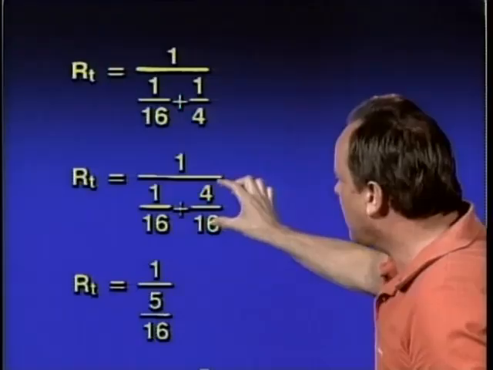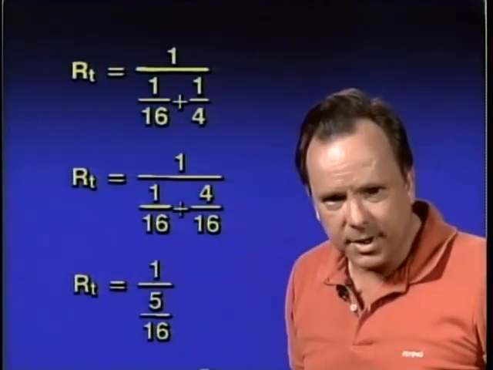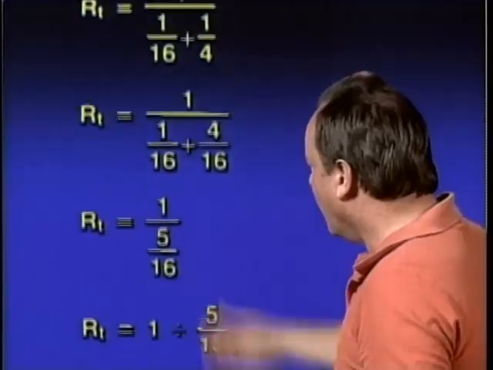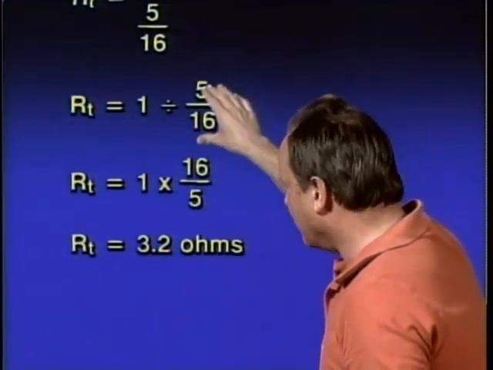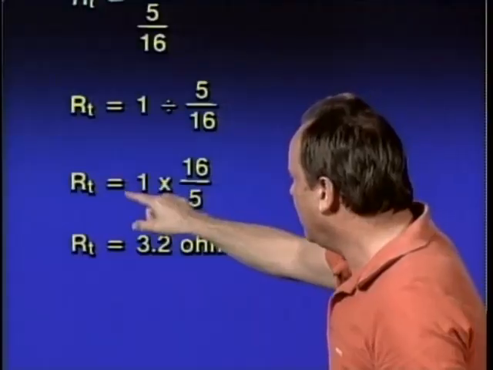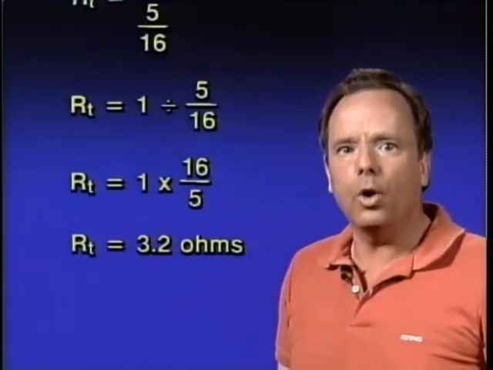Now we can add them together, and so it becomes 1 over 5/16. Do you think that there's going to be another way of expressing that? Well, I bet if you look down there, you'll find that works out to 1 divided by 5/16. If you want to get rid of the fraction, you flip-flop it, and it's 1 times 16/5, or 3.2 ohms.